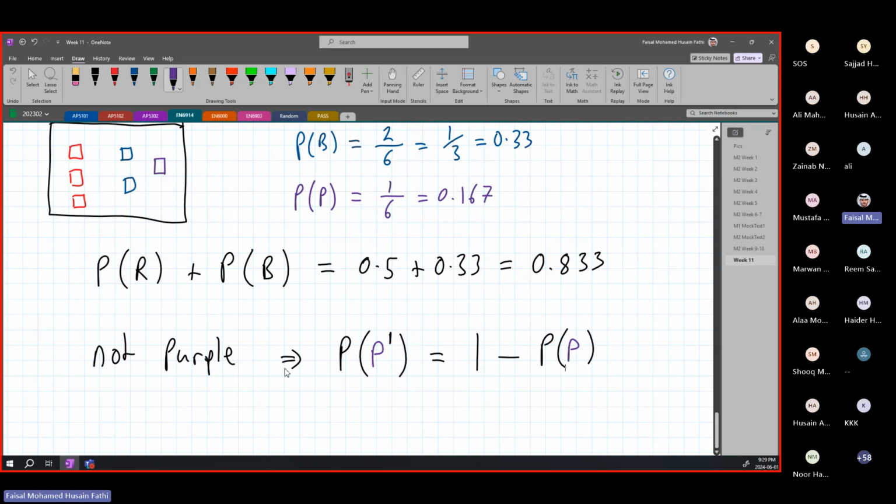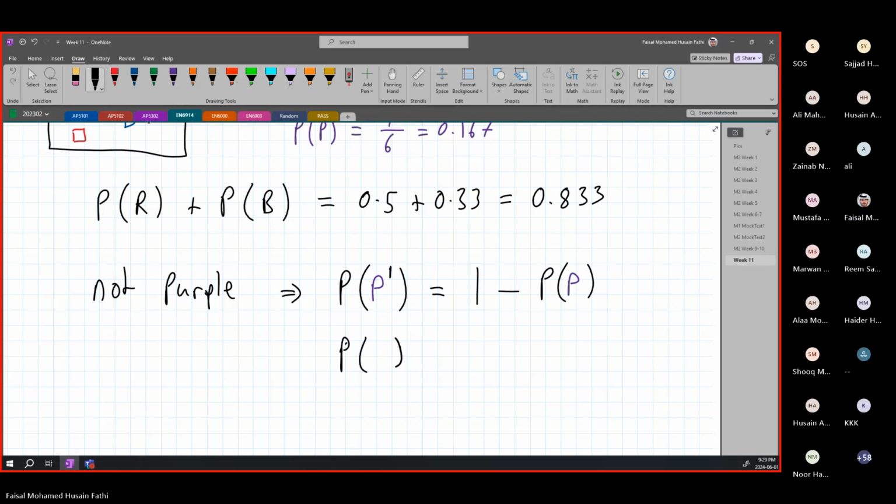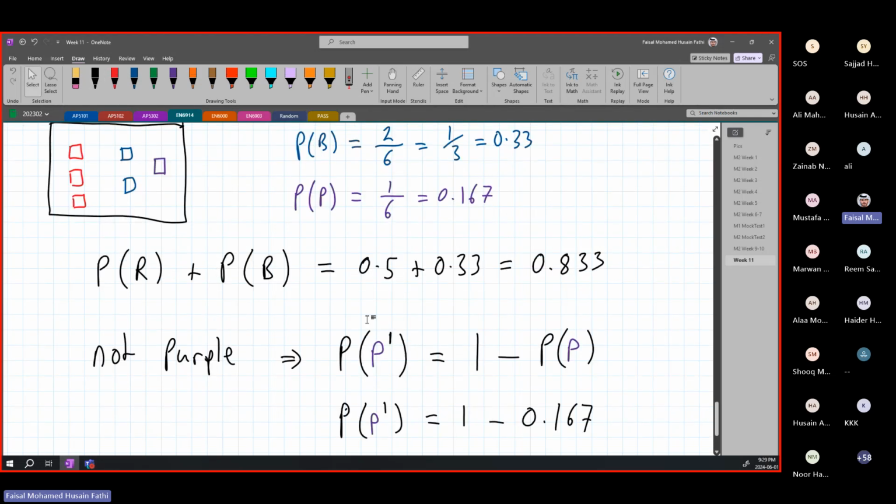All right. So when we're talking about not a color or not a probability, it means we are going to do 1 minus that probability. If you notice here, we found that our probability of purple is 0.167. So the probability of not purple, all right, is going to be equal to 1 minus 0.167, and you notice that this is also going to be equal to the same number because this is the same exact solving. Okay?